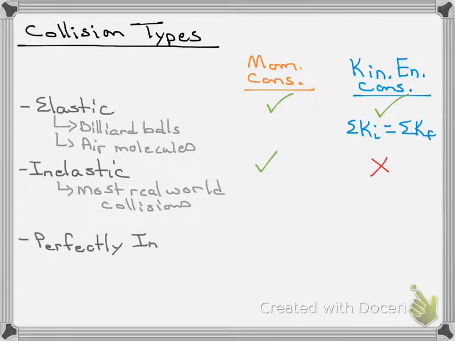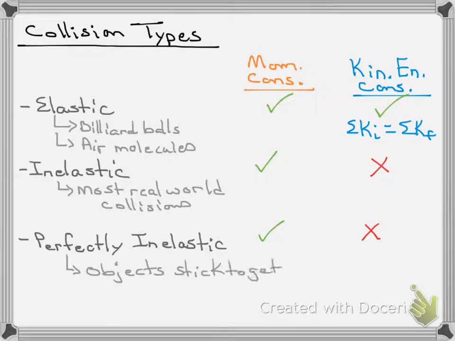The final type of collision is called a perfectly inelastic collision. And again, momentum is conserved because it's always conserved, but kinetic energy is not conserved. But there's one saving grace for a perfectly inelastic collision. In a perfectly inelastic collision, as we saw, the two objects stick together after the collision, which means they have the same velocity after the collision.